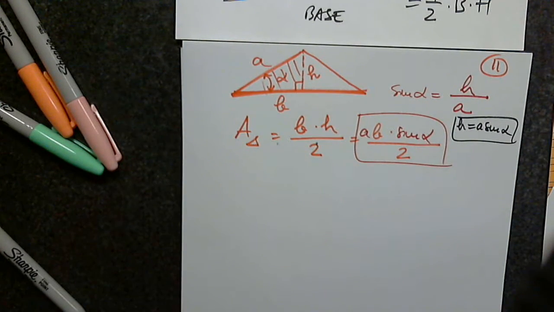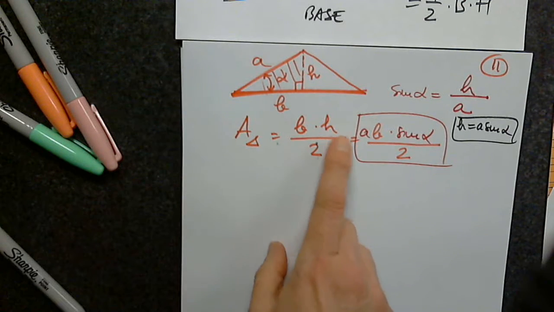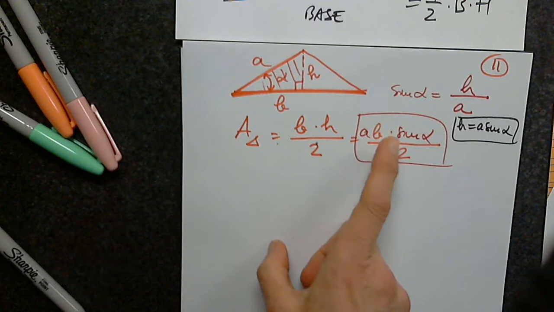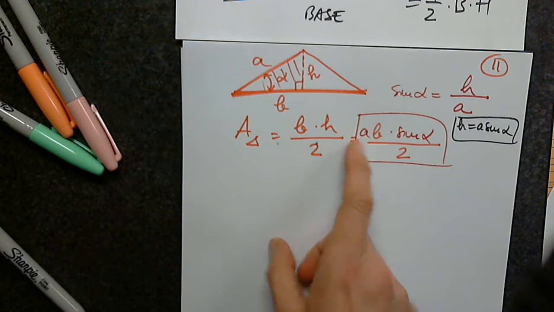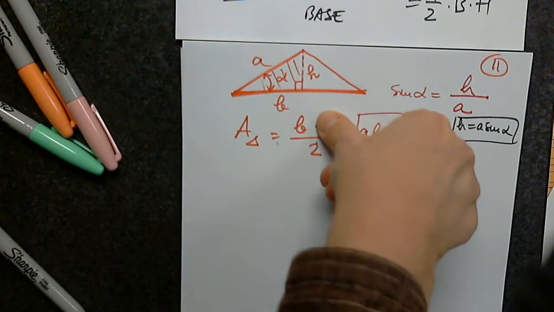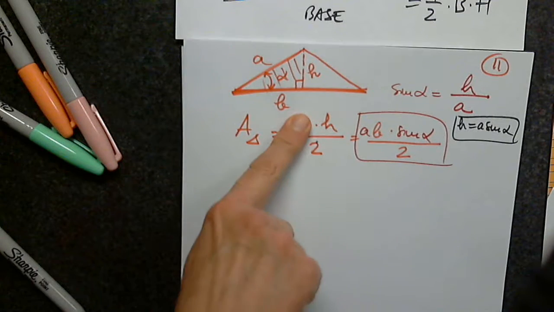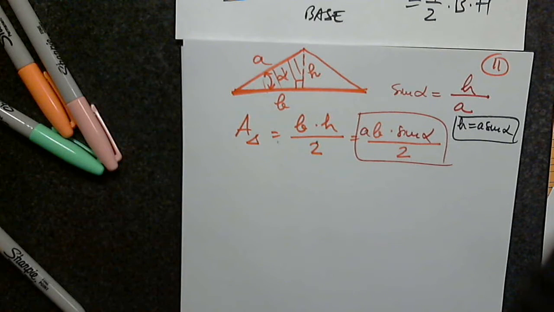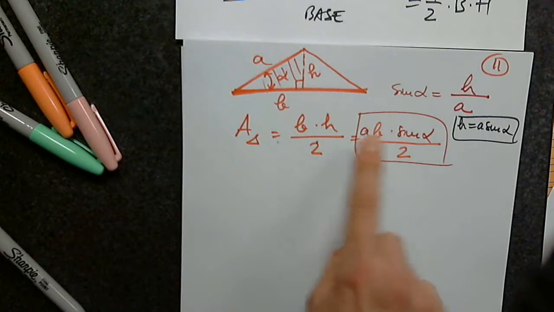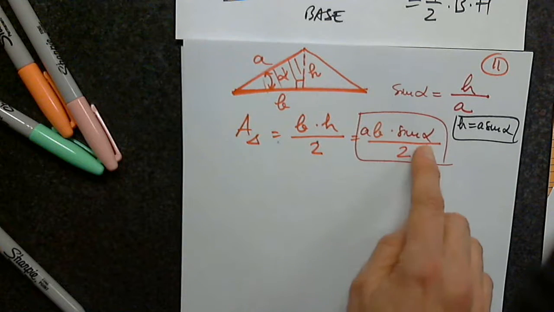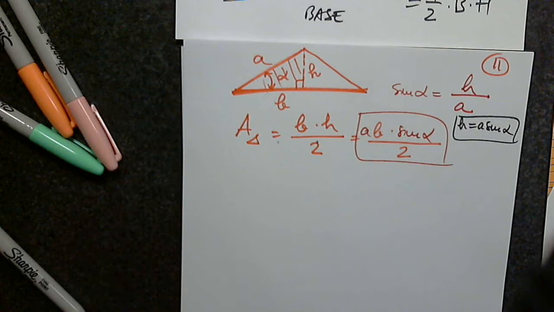So A times sine alpha is this piece, and B is this piece. I just rearranged it. So it's B times A sine alpha, or AB sine alpha over 2.